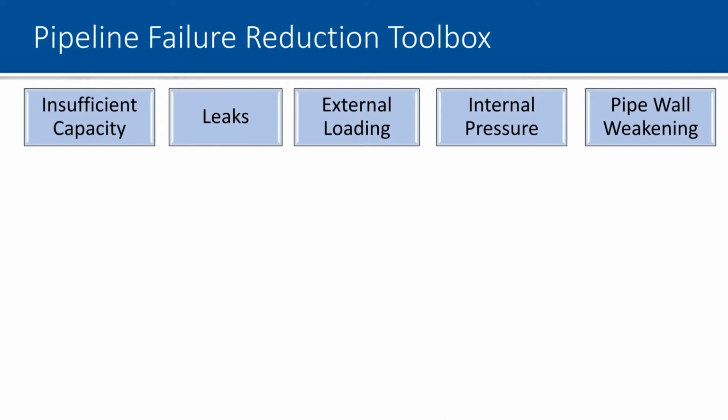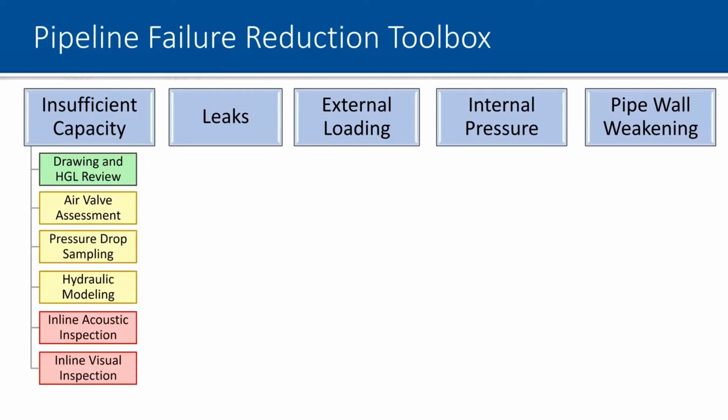So what does our toolbox look like when we want to reduce our pipeline risk of failure? And so thinking about each of the five categories, what can we bring to bear to address these challenges? So with insufficient capacity, it's typically starting with a drawing review, looking at the hydraulic grade line to figure out what we should be getting from this pipe.